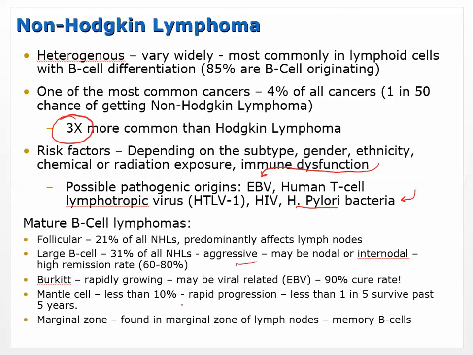Mantle cell, less than 10%, rapid progression, less than 1 in 5. So these are just some characteristics. I don't know that these are super important to keep track of. Your main goal here is going to be to separate the non-Hodgkin from the Hodgkin, and kind of figure that stuff out.